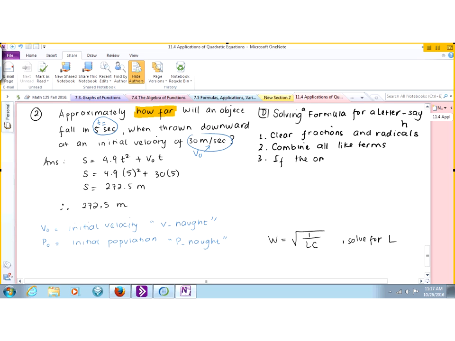So if the only power of H is H to the 1, it can be solved using sections 2.2 and 7.1.